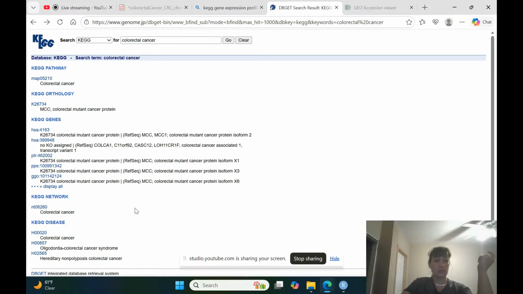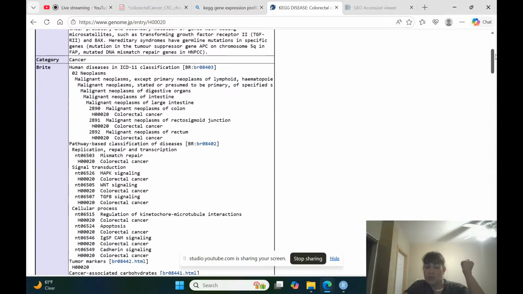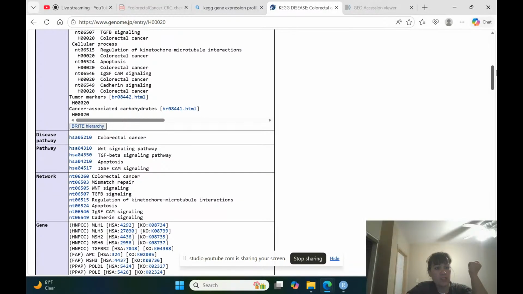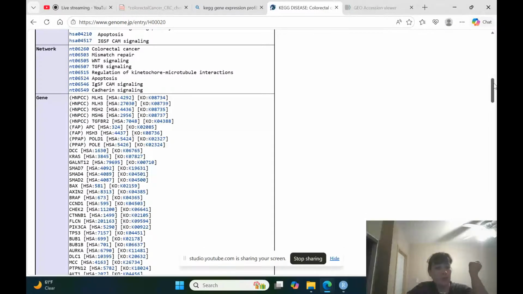Let's look at a different one. All right, we're just screening it, looking at what we can see. Genes, here's some genes. Look at that.